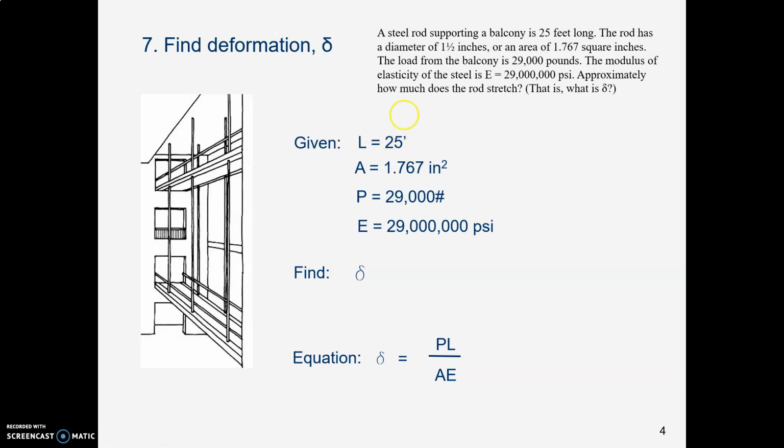What do you want to do to change 25 feet to inches so that you can put however many inches long it is into this equation? Let me know if you have trouble with that. Hopefully you know how to turn feet into inches.